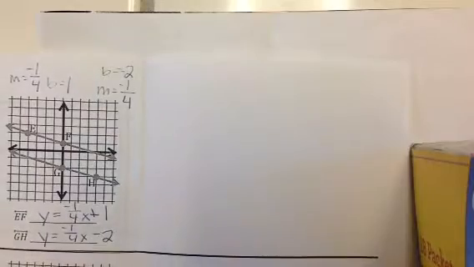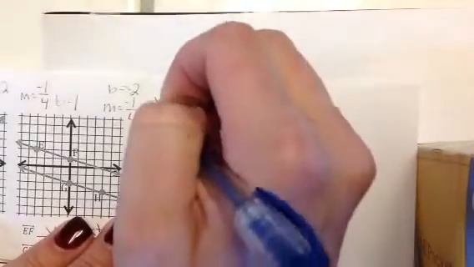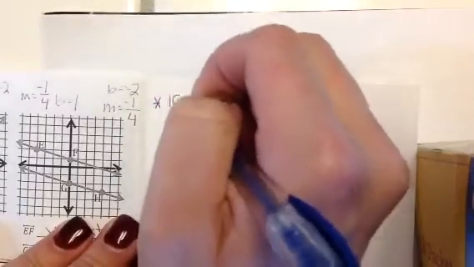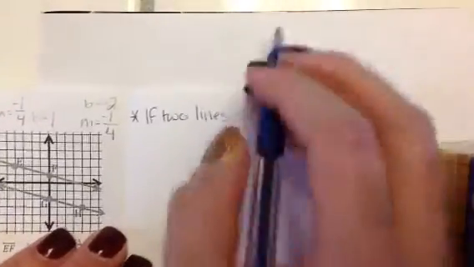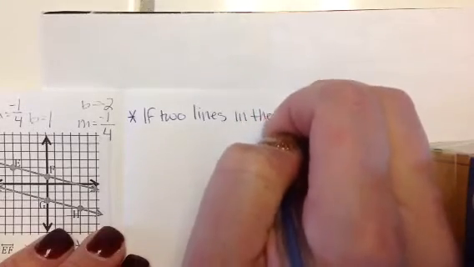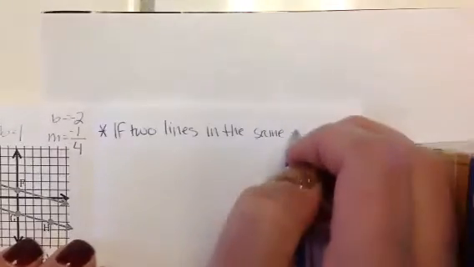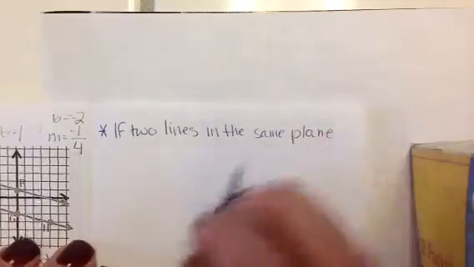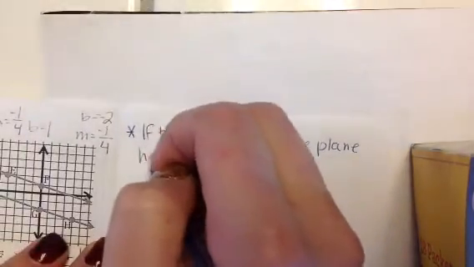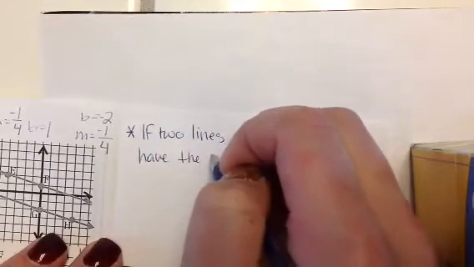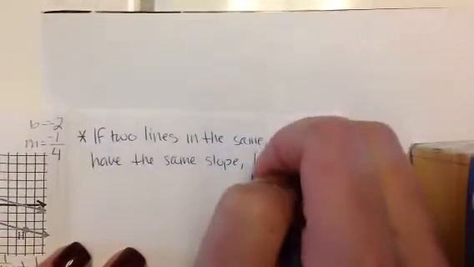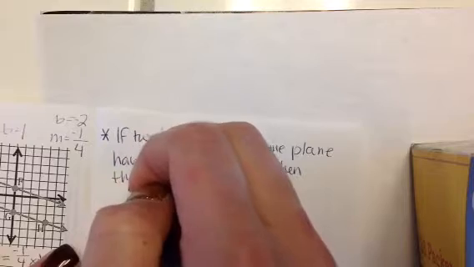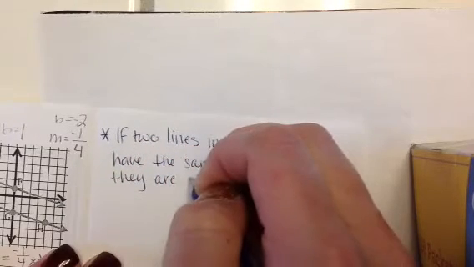So we're going to write down a few notes now on this side. I want you to note that if two lines in the same plane have the same slope, then they are parallel.